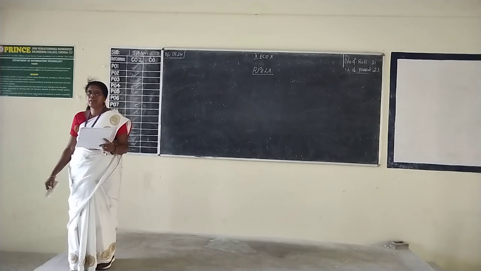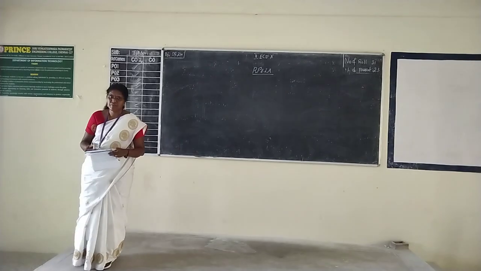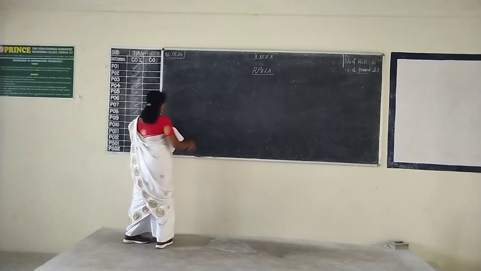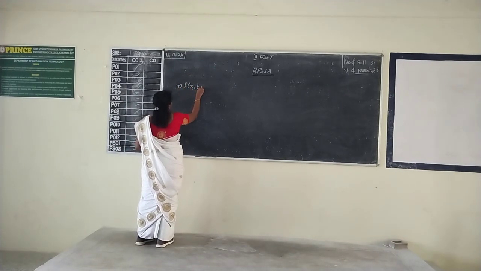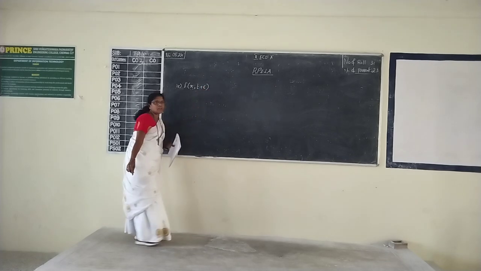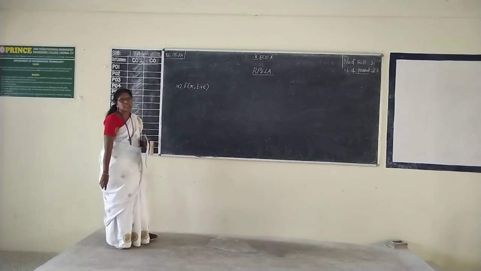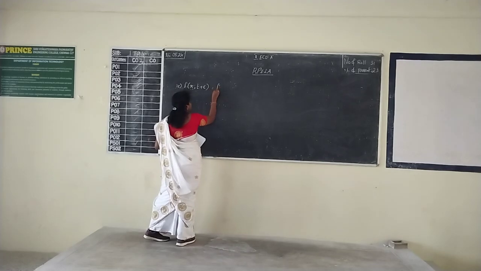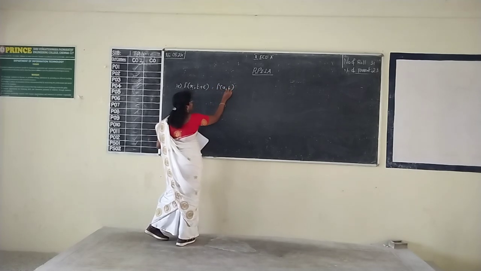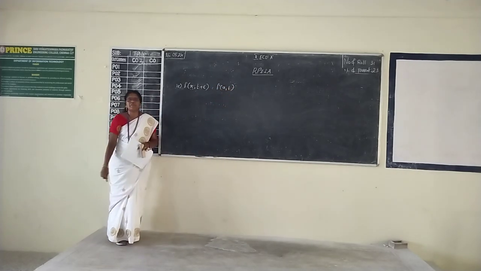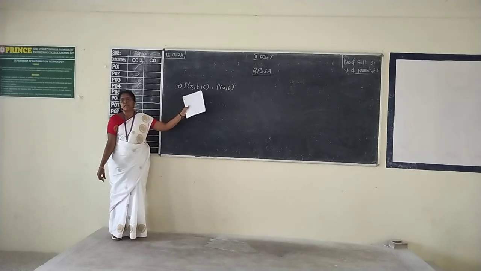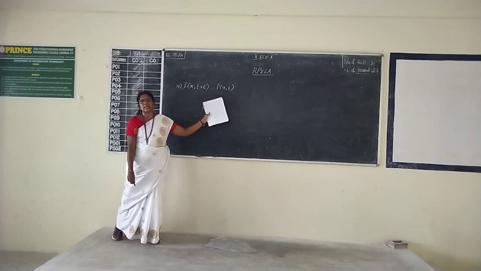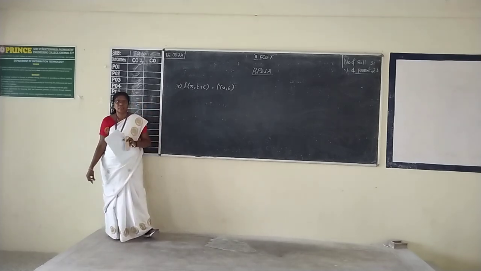That is, f of x comma t plus epsilon should be the same as f of x comma t. f of x comma t is our original function. Even if there is a change in time, it should be the same as f of x comma t. Then it is said to be a first order stationary process.